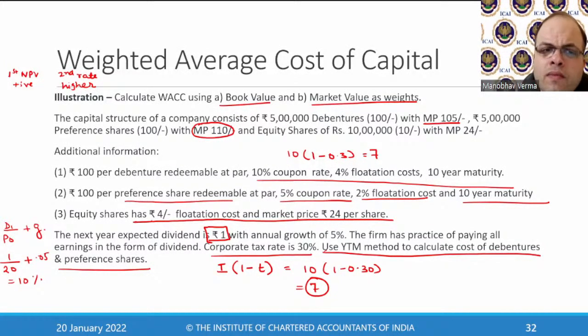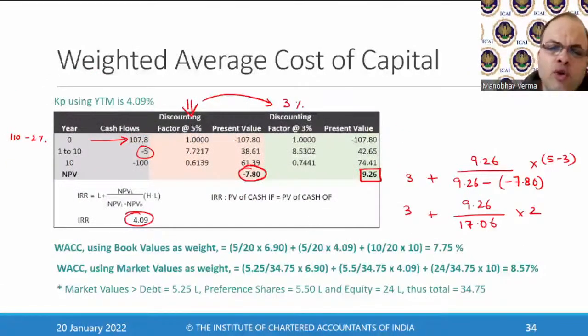So 5, 5, 10. If I'm looking at book value, we're talking 5 by 20, 5 by 20, and 10 by 20. My cost of debt is 6.9, preference is 4.9 and equity is 10. I'm looking at 7.75% using the book value.